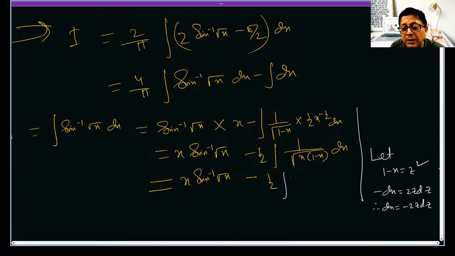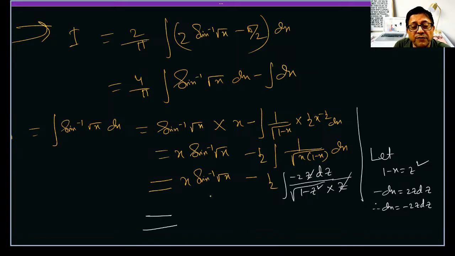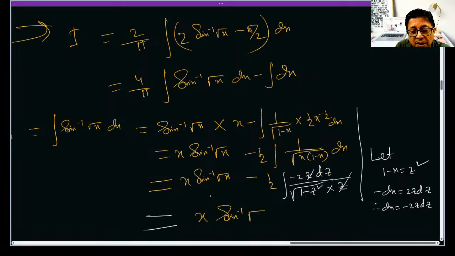Substitute there. Minus 2z dz by x, where x is 1 minus z square, and this is z only. These two get cancelled. So now the value becomes x sin inverse root x plus integration of dz by root 1 minus z square. Okay?